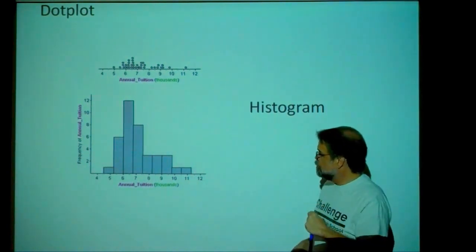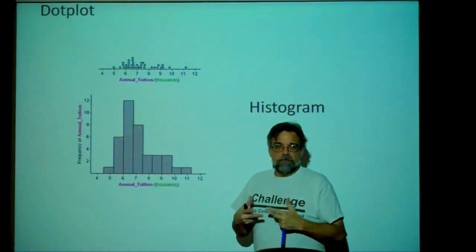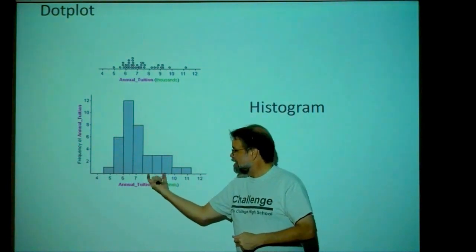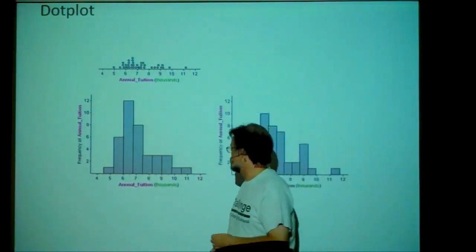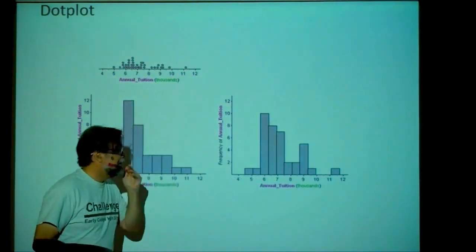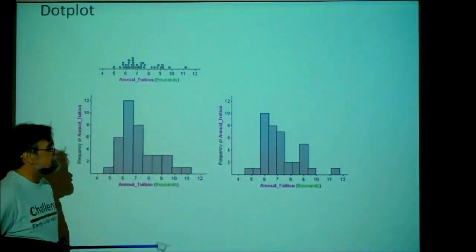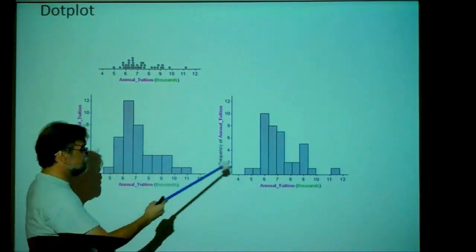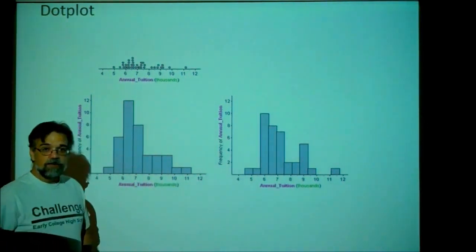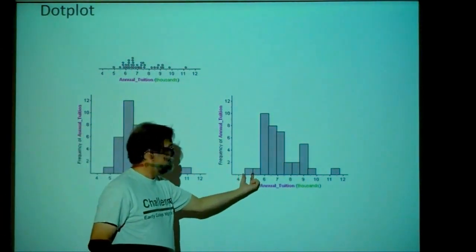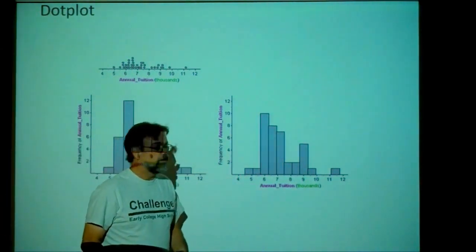Now, you might be wondering, if I'm making a histogram, how wide do I make my bins? Well, there's no real rule about that. Because here's another histogram that represents the exact same data set, and if you'll notice, it looks a little bit different. It looks pretty similar, but there are some differences here. The only difference is, I made the bins slightly narrower on this one.